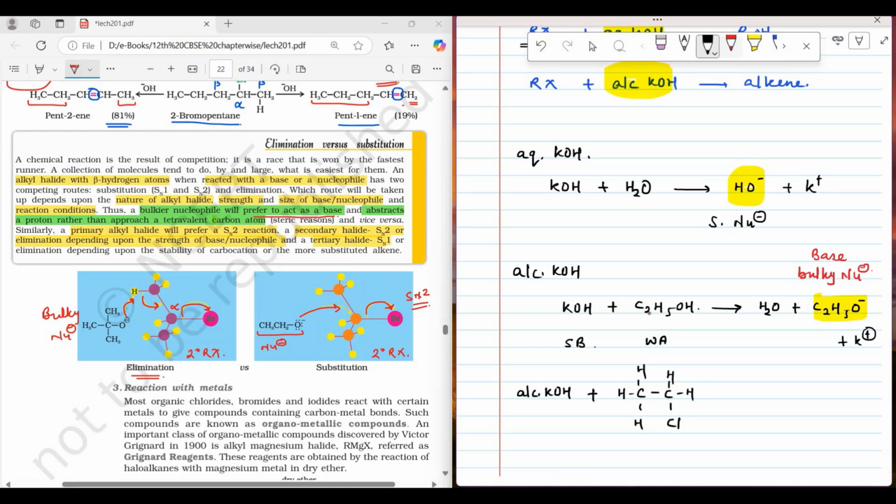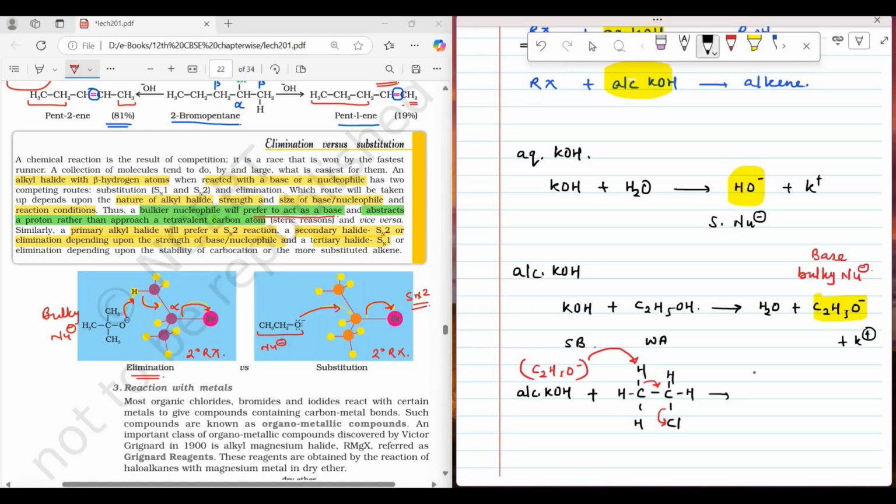This is chloroethane. So when alcoholic KOH reacts with chloroethane, the C2H5O negative ion, which is a bulky nucleophile, will act as a base. So it will abstract H plus from the molecule. This bonding pair will shift between the carbons and it will expel chlorine in the form of Cl negative ion.